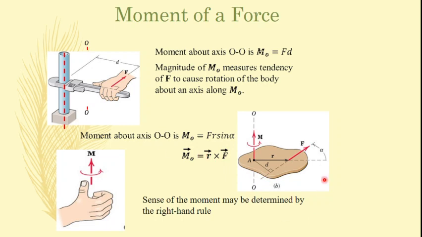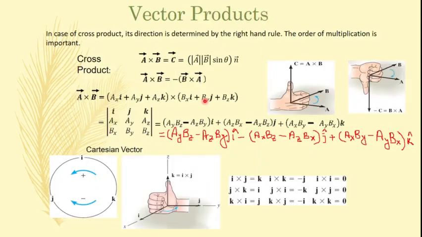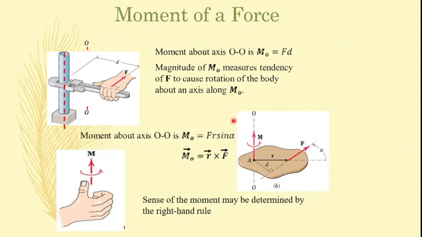Then, whatever we discussed earlier about in which direction the cross product occurs, whether upward or downward, we see here the sense of the direction.